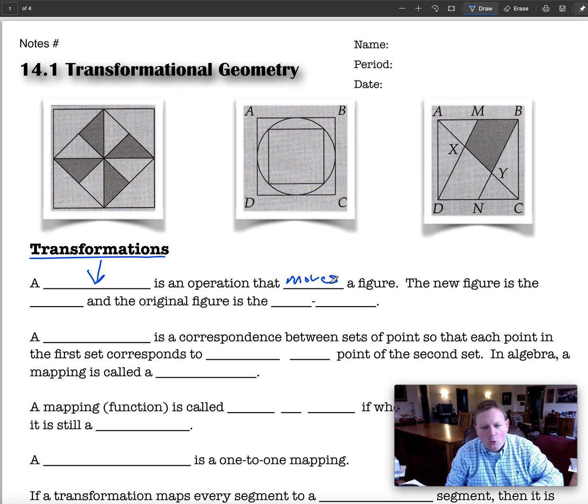And so, why is that important in geometry? Because we've learned a ton this year. Look at this first picture up here. If I said, what is this shaded region? You could just take this piece right here, and you could move it right there. You could take this piece and move it right there.